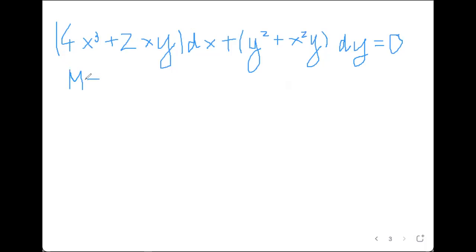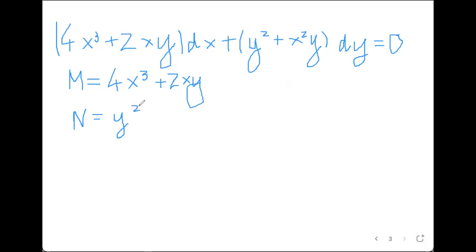here, can anybody please tell me what m is here? Go ahead. Very good. So it's 4x cubed plus 2xy. And then, can you please tell me again? Y squared plus x squared y. Thanks.